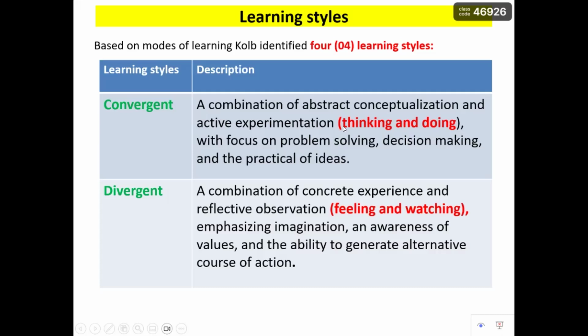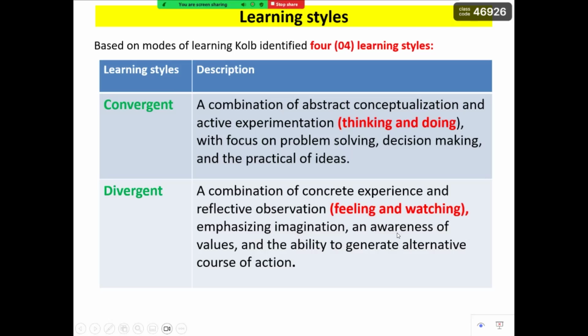One type is the convergent style. In that, in a learning activity, people try to think and do. Think is the abstract: whatever particular thing is learned, they think about it, and after thinking, they try to experiment with it. So then they obviously learn that thing.